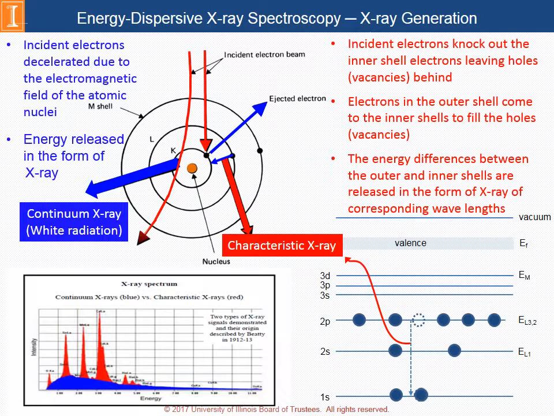The EDS spectrum looks like this. The blue background is from continuum X-ray, and characteristic X-ray forms these red peaks, which are superimposed on the background and can be used to identify the elements and for further composition analysis.